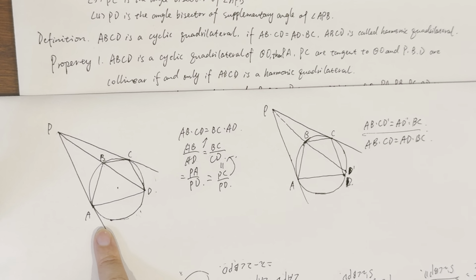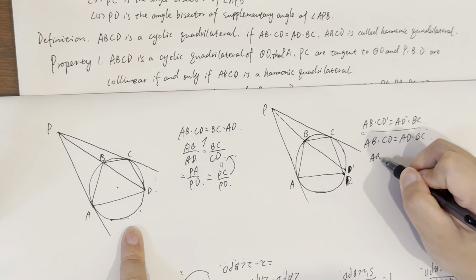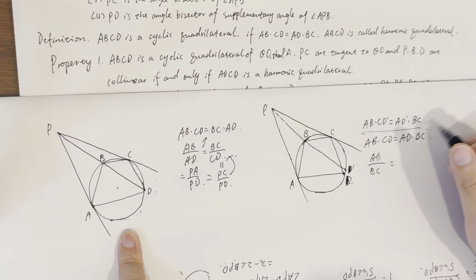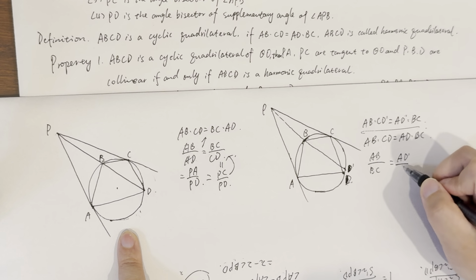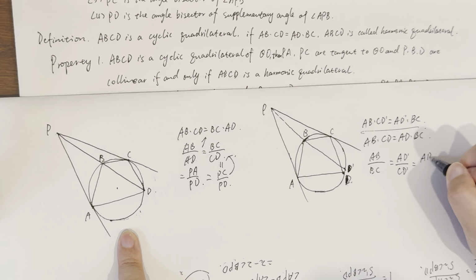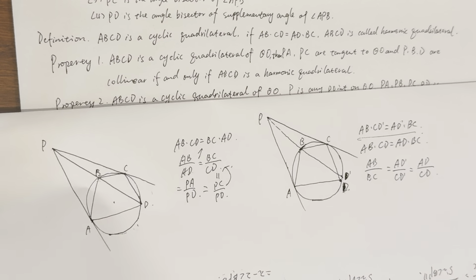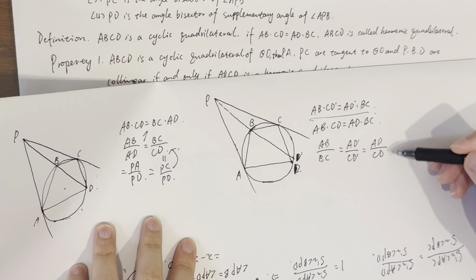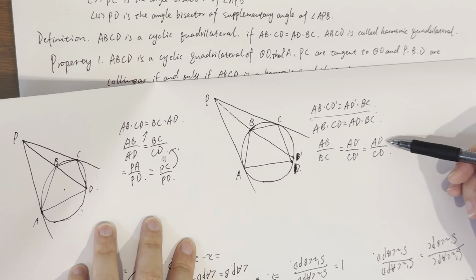That is saying we know that AB to BC, which is a constant, equals AD prime to CD prime equals AD to CD. Now we want to prove that if this is true, then D prime has to be the same point as point D.